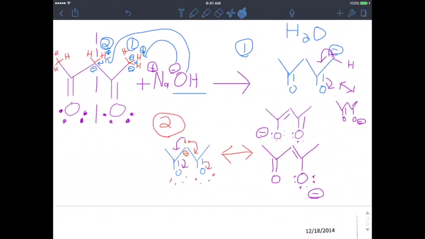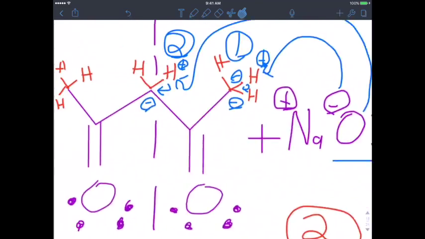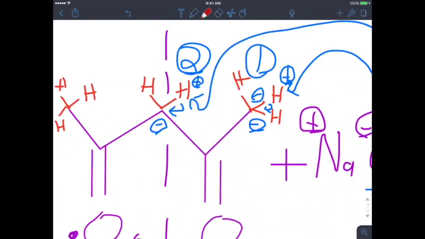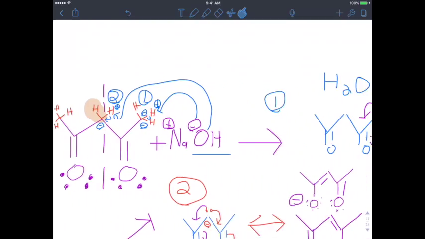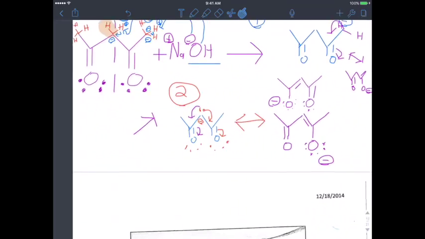Okay, so now which of the two is more stable? To come to the conclusion of which one of these is correct, we actually have to decide which one has more resonance structures. We said that 2 has the most, so we want to take one of these hydrogens for this reaction because the product is more stable with more resonance structures.